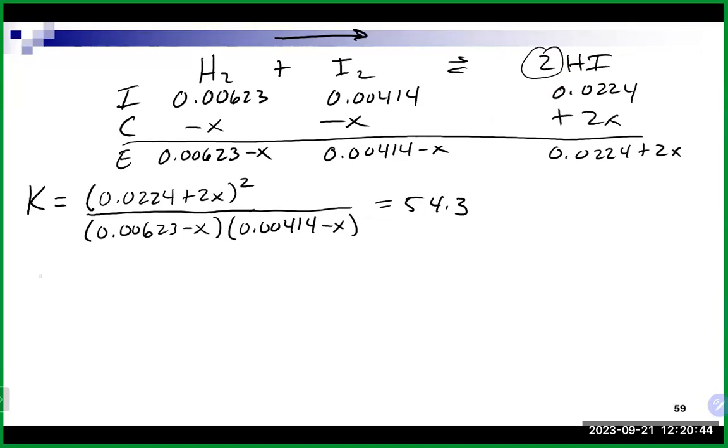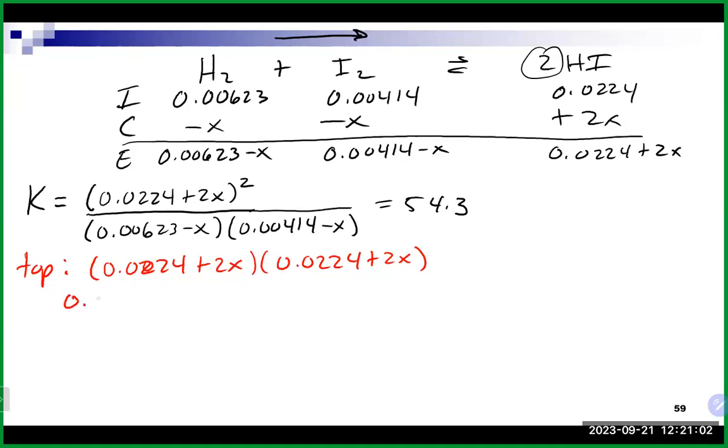I'm going to take the top part on the left, and that's basically 0.0224 plus 2x times 0.0224 plus 2x. If you do the factoring and all that good stuff, you end up with 0.000500176 plus 0.0448x plus 0.0448x plus 4x squared.